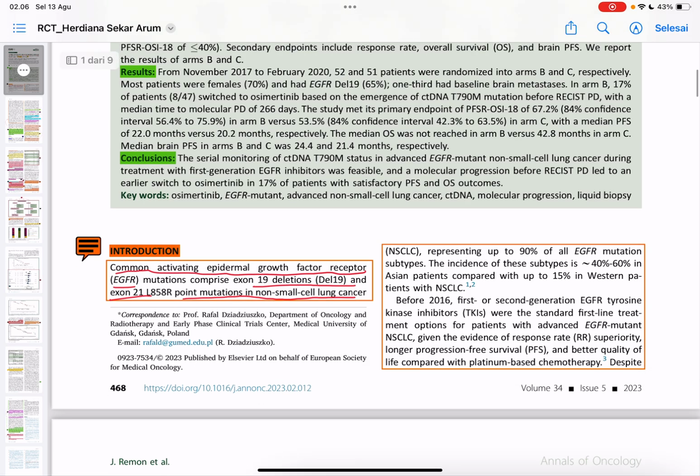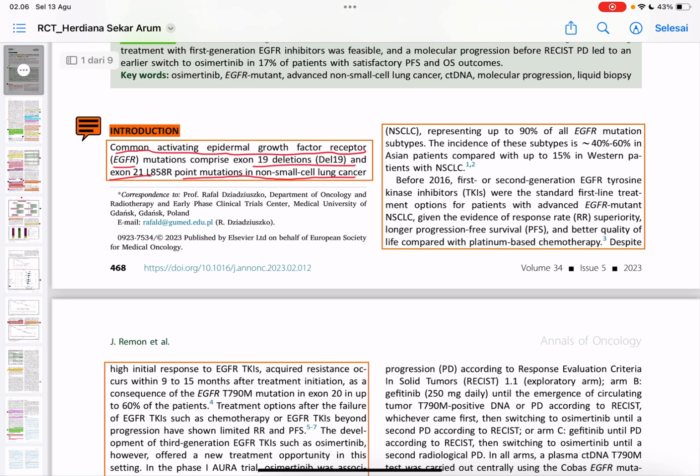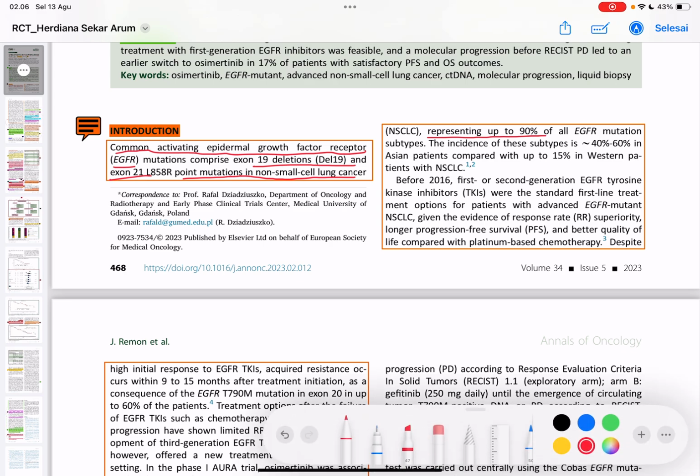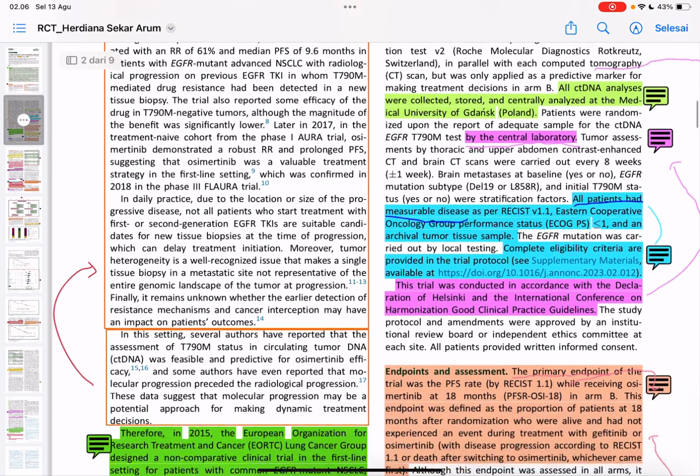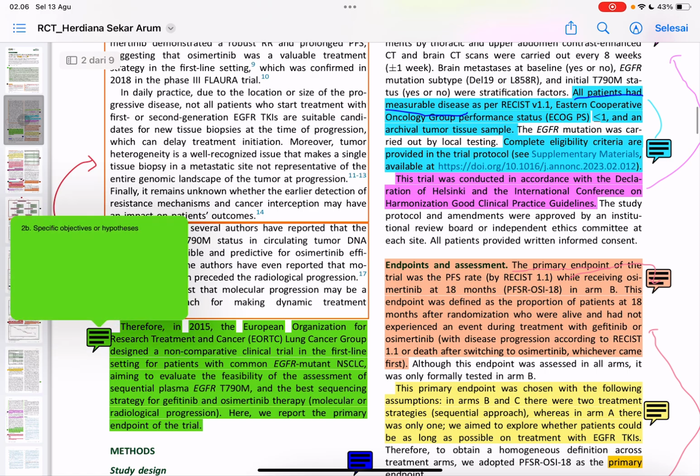Okay, next. And in here, it says representing up to 90% of all EGFR mutation subtypes. And in here, before 2016. Next, we have the specific objectives or hypothesis.